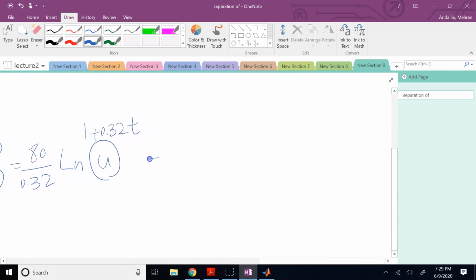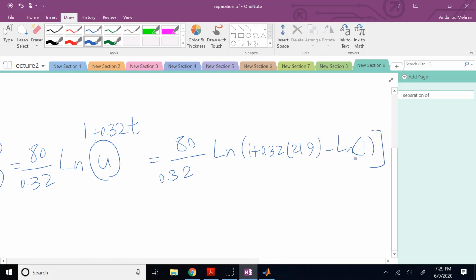So you end up with 80 divided by 0.32 times natural log of 1 plus 0.32 times 21.9 minus natural log of simply 1. Which again, if you do it, you're going to get the 520 meters.